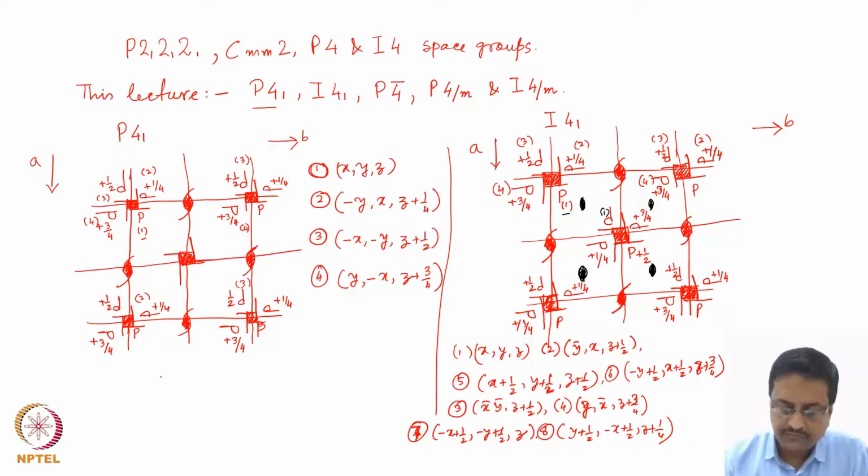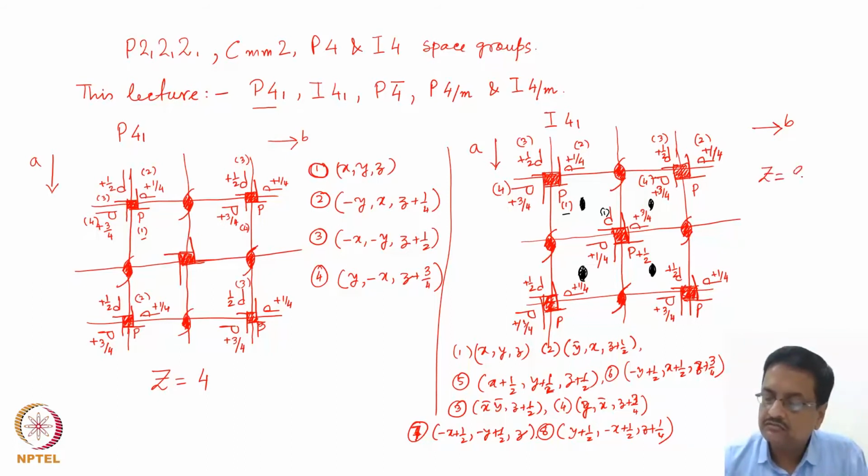So in case of P41, there are 4 equivalent points, Z equal to 4, and here the Z is equal to 8, because there are 8 equivalent points in the unit cell.